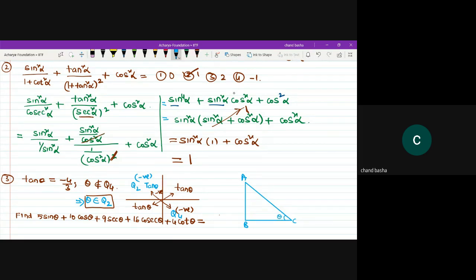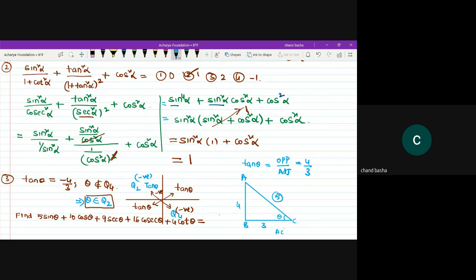According to the given question, tan theta is 4 divided by 3, that is opposite upon adjacent, the base. The minus sign we will see later. By Pythagoras theorem, AC value is 5.